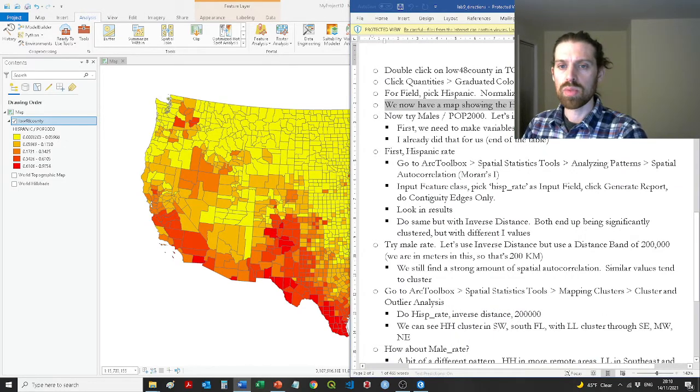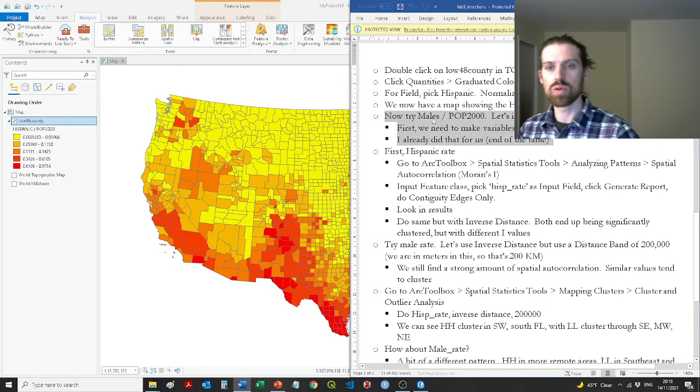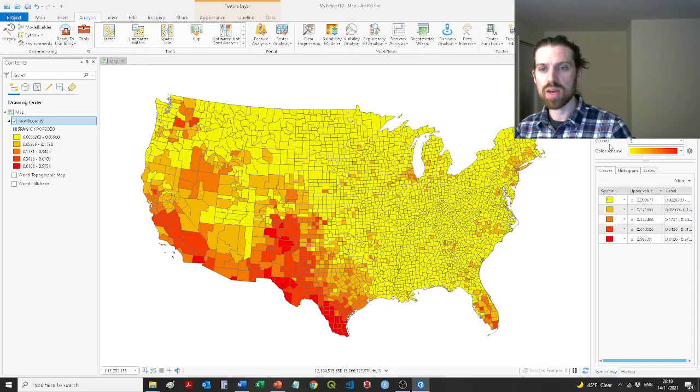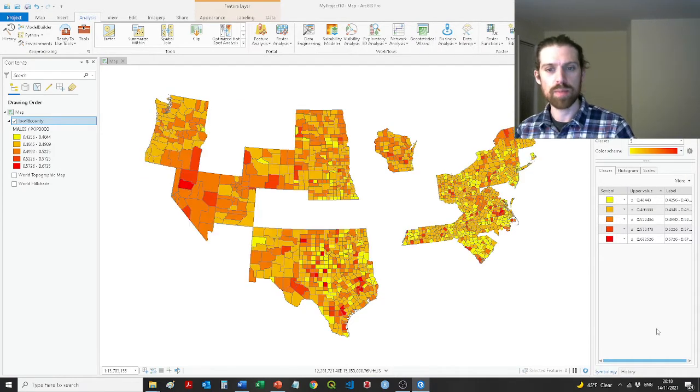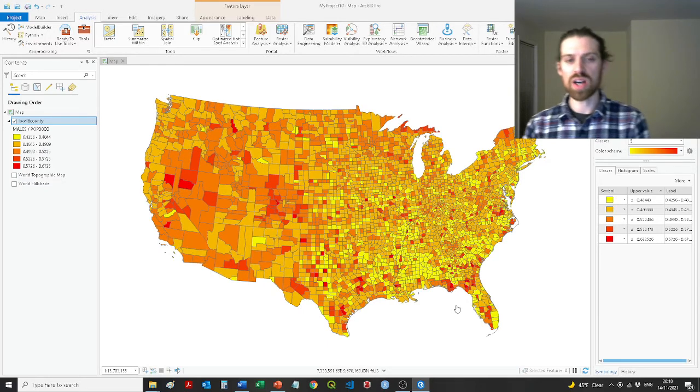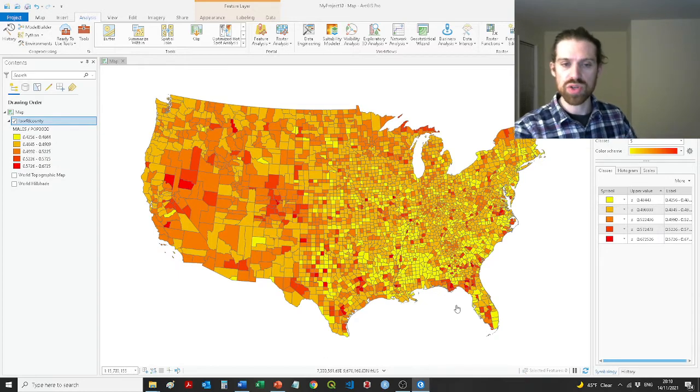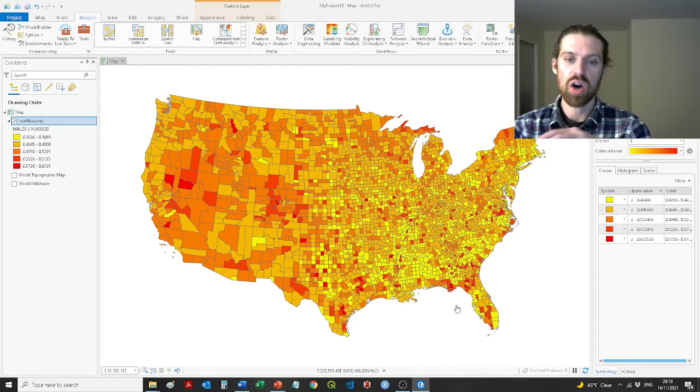So essentially, we can also look at the rate for males against the year 2000 population. So now let's do that and see what map we get. And in contrast to that really quite clustered view that we had across space, where the previous rate was very much against the land border with the neighboring country Mexico, here we have the proportion of males, which seems to be a lot more random.